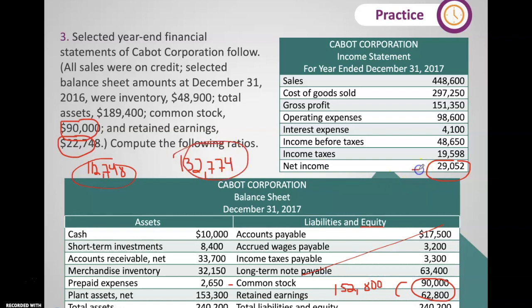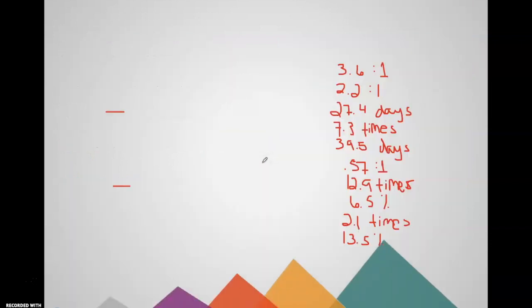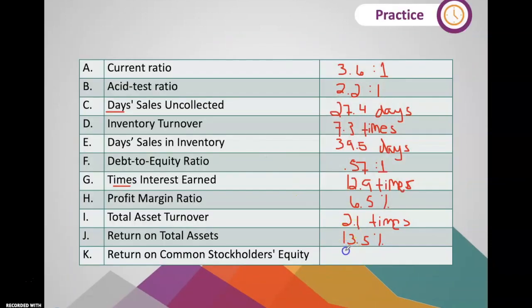So I'm going to take my net income and divide it by the 132. So 29,052 divided by the 132,774. Turn that into a percent, so multiply by 100. Got 21.9. So we have 21.9%.